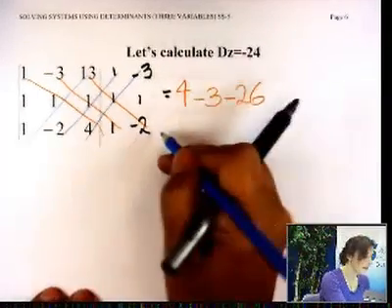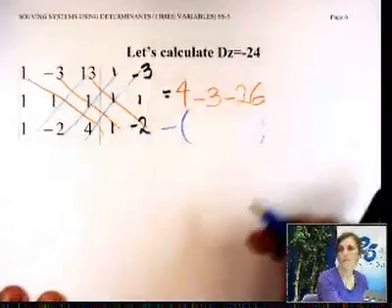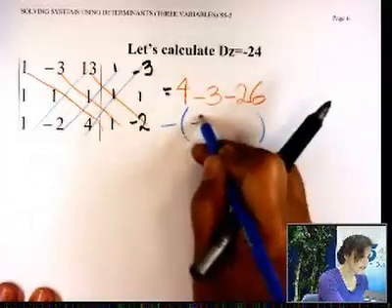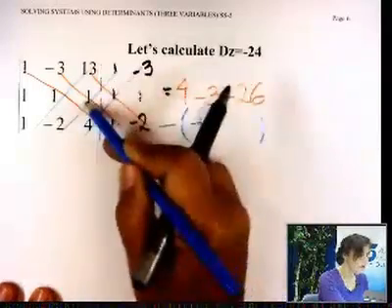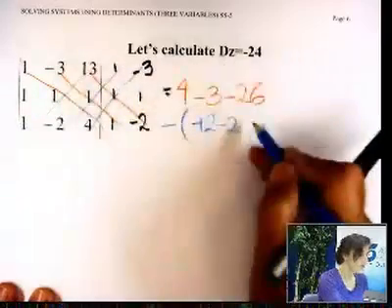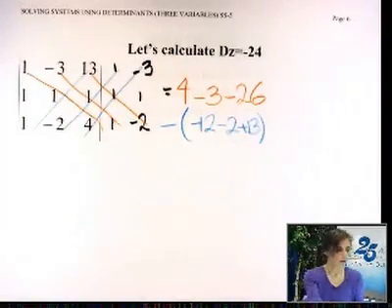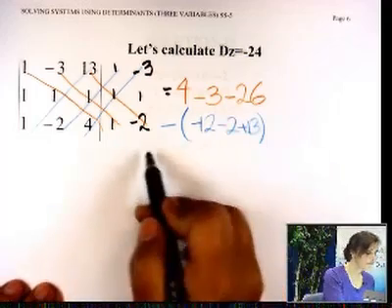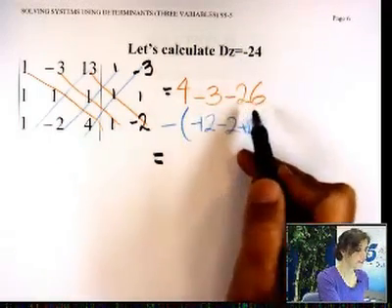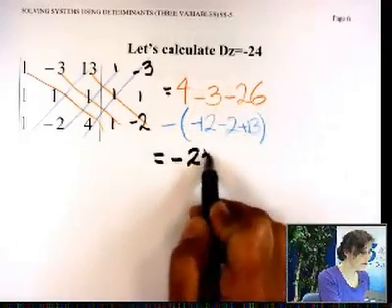Let's go back, minus. That's going to be negative 3, 4, so that's negative 12. I'm multiplying. 1, 1, negative 2, that's negative 2. 13, 1, 1, that's 13. So let's write it out. 4 minus 3 minus 26, that's 1, that's negative 25.